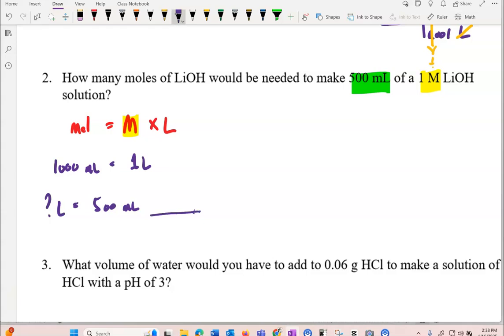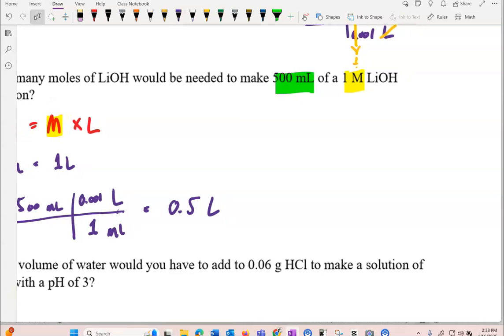What we know is that when you're going from milliliters to liters, you can either say 1 liter is equal to 1,000 milliliters, or you can say 1 milliliter is equal to 0.001 liters. So we're going to take 500 and multiply it by 0.001, or the same thing as divide by 1,000. This is 0.5 liters.